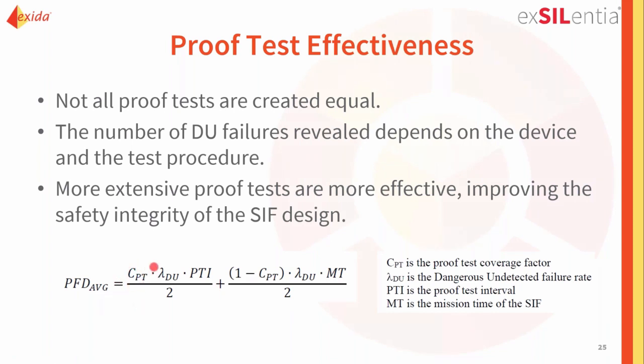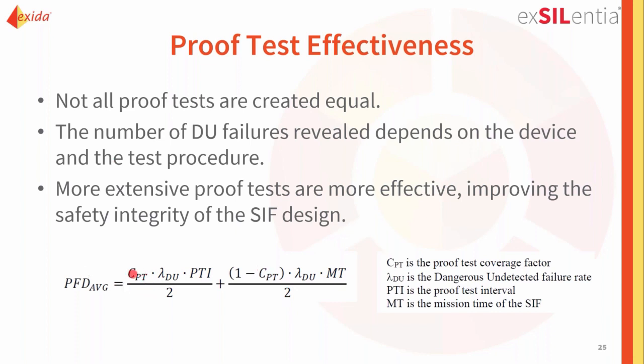And we can see here a coverage factor of the proof test that is being multiplied with the dangerous undetected failure rate times the test interval divided by 2, and then a portion of the formula where we do 1 minus the coverage factor, so everything that's not revealed, times the dangerous undetected failure rate times the mission time, the time that the SIF is in operation, divided by 2. Is in operation before all the components in that SIF are being either replaced or completely refurbished, that it's really as new.